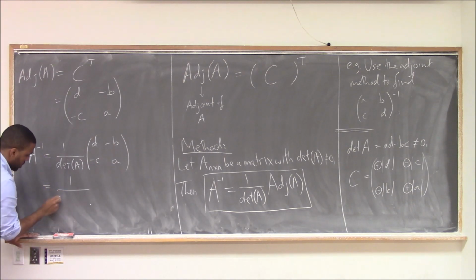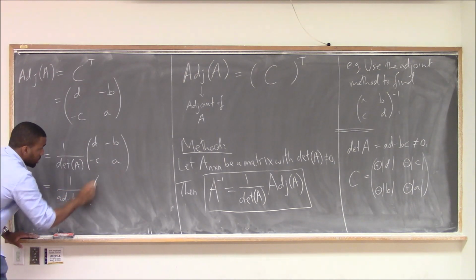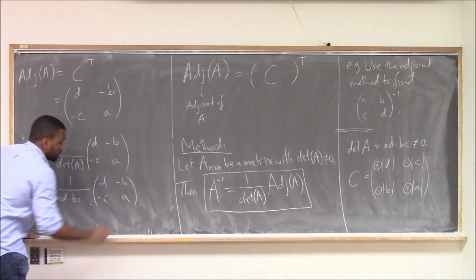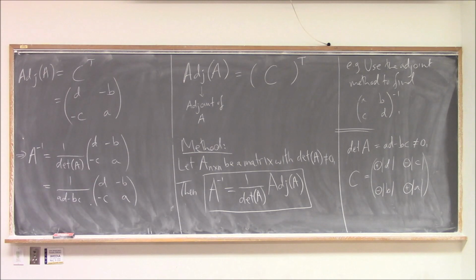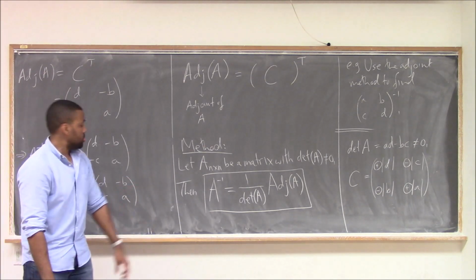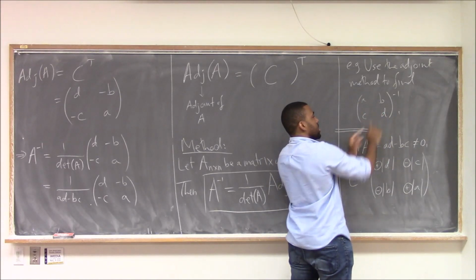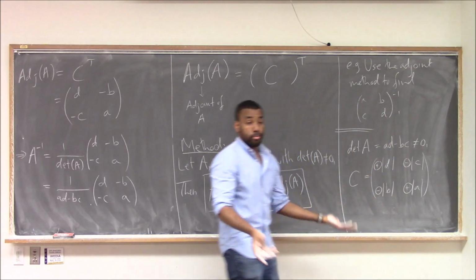Or it's 1 over AD minus BC times D, minus B, minus C, A. In other words, you want to find the determinant of a 2 by 2. Swap these two, take the negative of those two, and divide by the determinant.